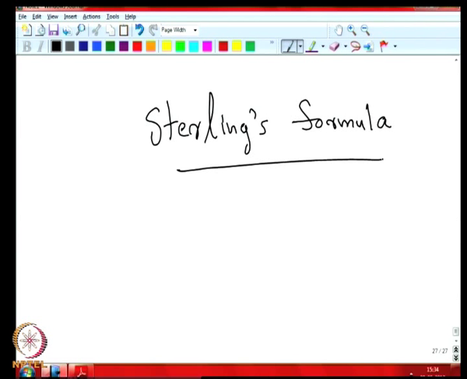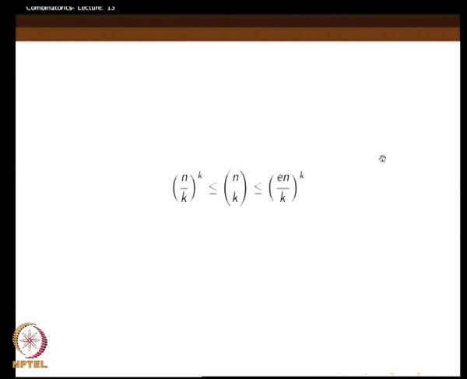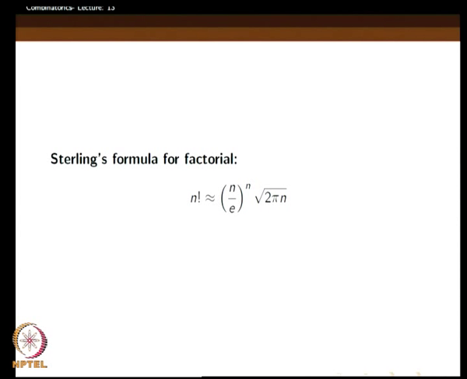So I'll show the formula so that it is easier than writing it here. So n factorial is approximately equal to (n by e) whole power n into root of 2 pi n.